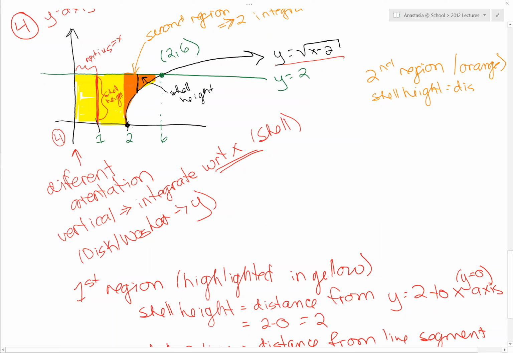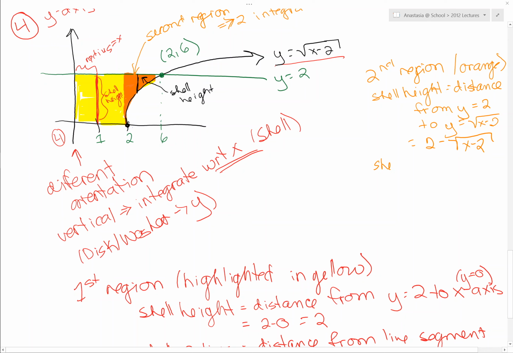Now, this is the distance from y equals 2 to y equals the square root of x minus 2, because that's where our line segment goes, from y equals 2 to our curve y equals the square root of x minus 2. So then this is going to be 2 minus the square root of x minus 2, because we're talking about a vertical distance, so we need to do top minus bottom.